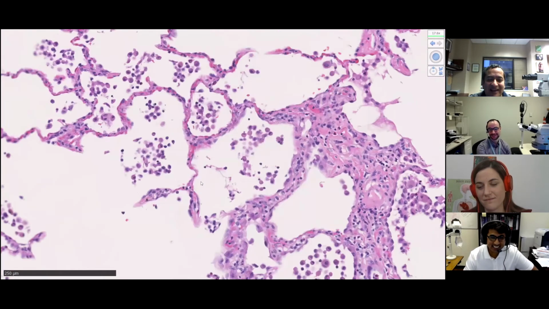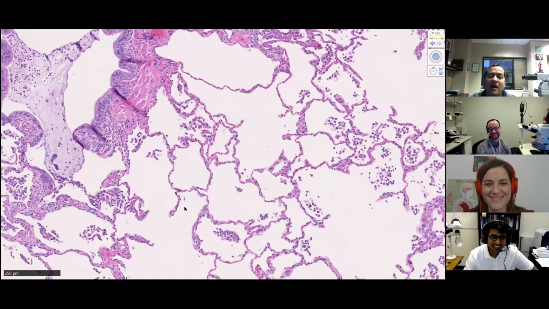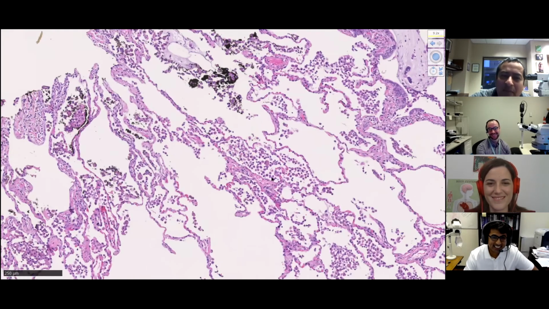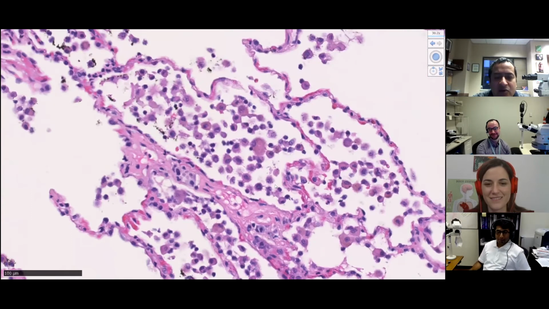No, I'm only kidding, but one of my biggest problems with DIP is, if you really need a term to describe lots of macrophages, then desquamative is the worst possible term you can come up with. I'll leave it at that.